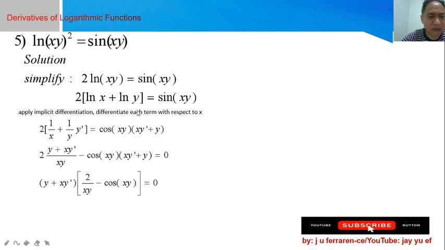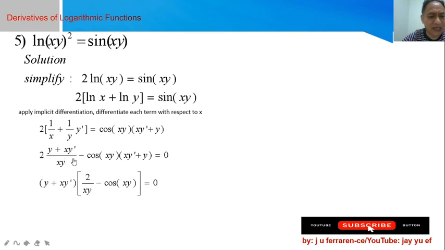We have the derivative of a sine function, which is cosine of xy as your u. Then we can differentiate under the product rule: x y prime plus y times 1. Now, if I combine them as one, the denominator or LCD is xy. So xy divided by x, we have y, plus xy divided by y, so we have xy prime.